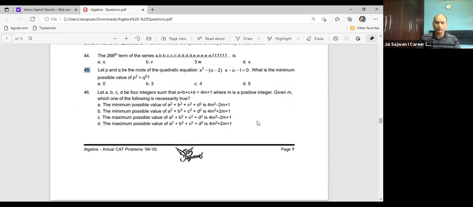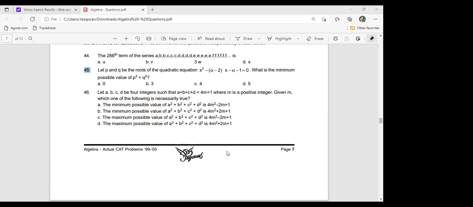I would like you to solve question number 45. Even if you have done it earlier, I want you to do it again once more. एक बार और तो करो. Okay, Soumya.